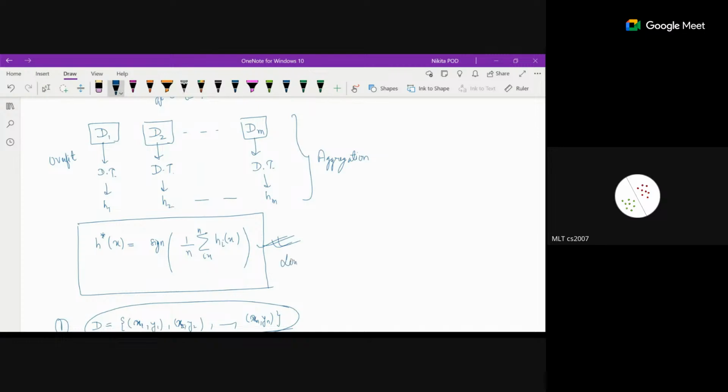Because we are averaging it out. So we'll say that this will have a lower variance. And since this was an overfit model, this will also have low bias. So from a weak learner, we are able to make a strong learner. This is the idea.